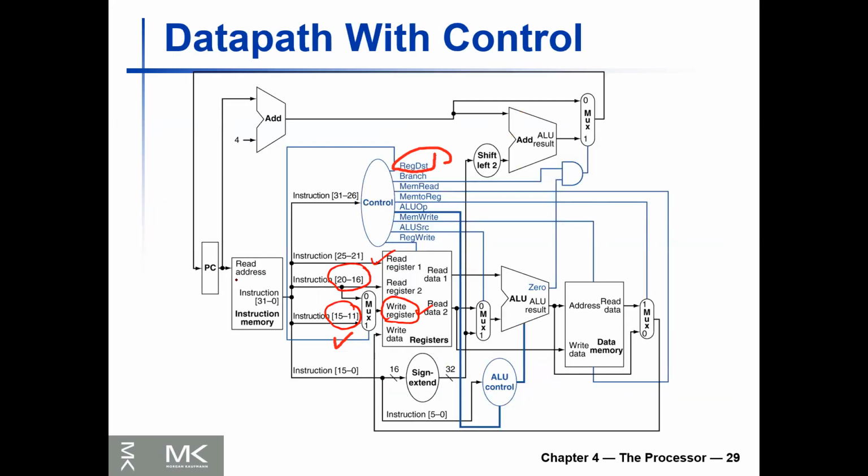Here is the point. This will be the selection for the right one if it is either R type or the load type. So accordingly, this signal is going to be 1, and then it will reach here, 1 or 0, whatever, and it will generate accordingly. And then it will decide whether we need to choose this one or this one. It is for that. Are you getting this point?